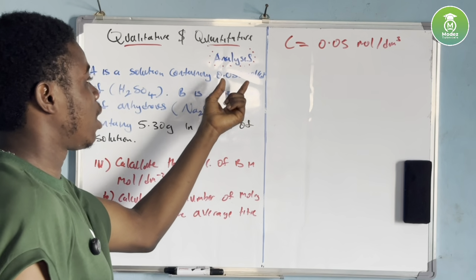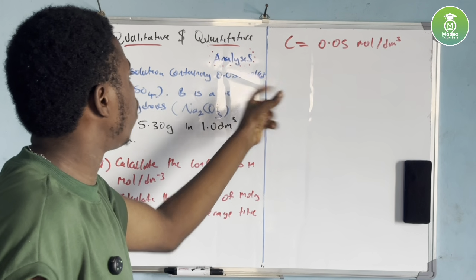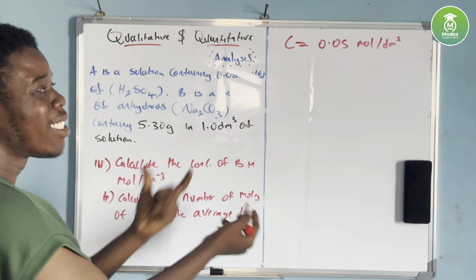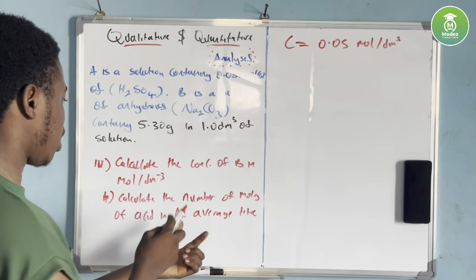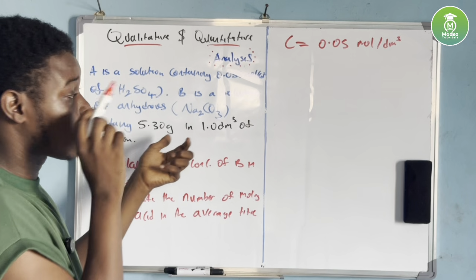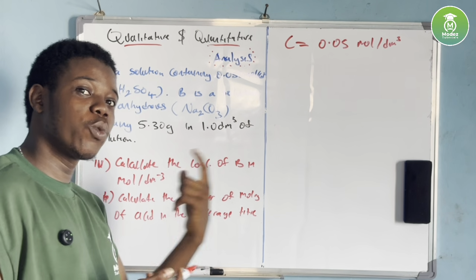If you even look at it, the concentration of the acid and the concentration of the base that we got that time is the same thing. I'm thinking it's because they use the same volume. If you remember, the volume of base used was 25 and the volume of acid used too was 25. And the mole ratio is even 1:1.